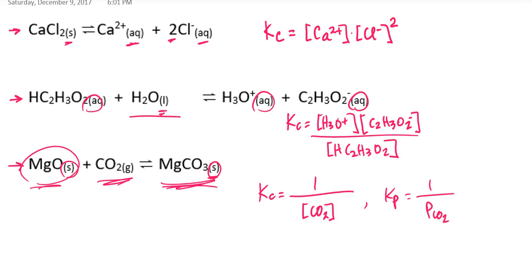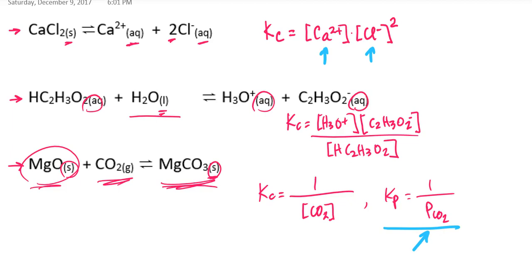Now, as it turns out, when we calculate equilibrium constants, each of these quantities that are included in the equilibrium constant expression are meant to be equilibrium versions of those quantities. So these should be equilibrium concentrations, and for this Kp expression that we assembled for the last example reaction on the slide, this would be the partial pressure of carbon dioxide at equilibrium.